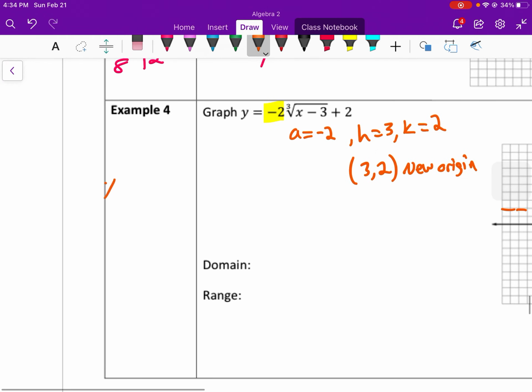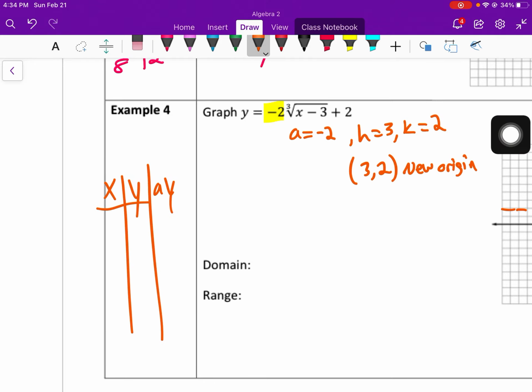Now we want to find input, output, but now we do have an a that'll affect it. It's -2 times the cube root. It's cubic, so we want nice cubed numbers, just like we've been doing. Oops, not -2. -1, 0, 1, and 8. So that's -2, -1, 0, 1, 2.